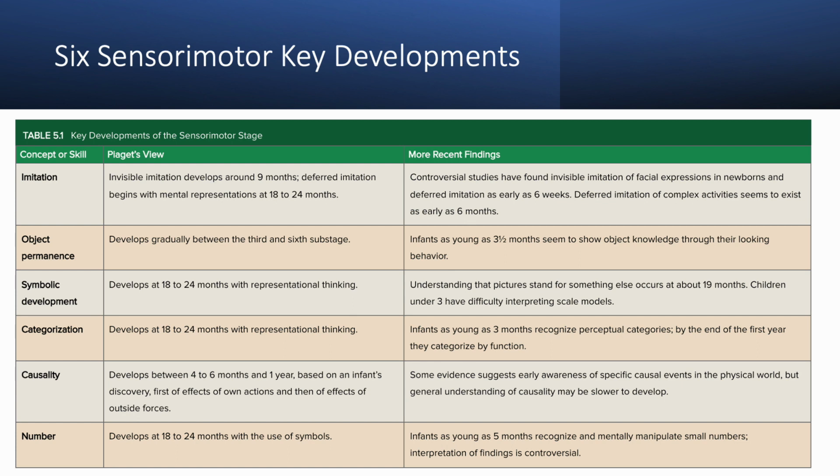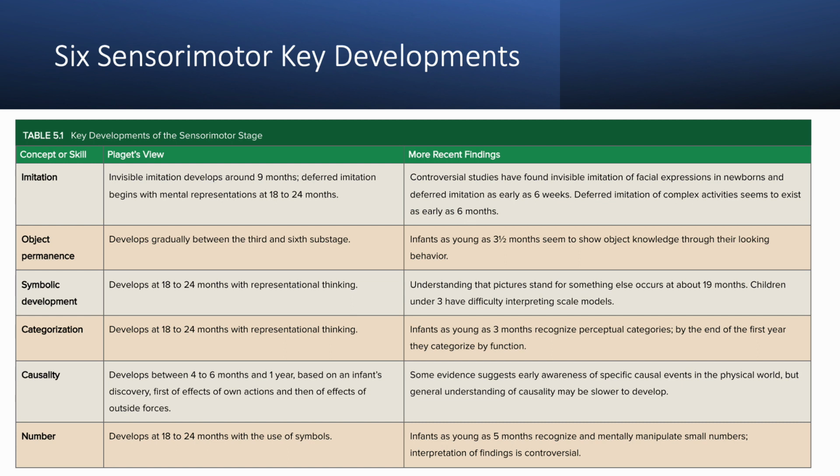Causality develops between 4 to 6 months and 1 year and is based on an infant's discovery, first of effects on its own actions and then of effects of outside forces. There is some evidence of early awareness of specific causal events in the physical world, but general understanding of causality may be slower to develop.